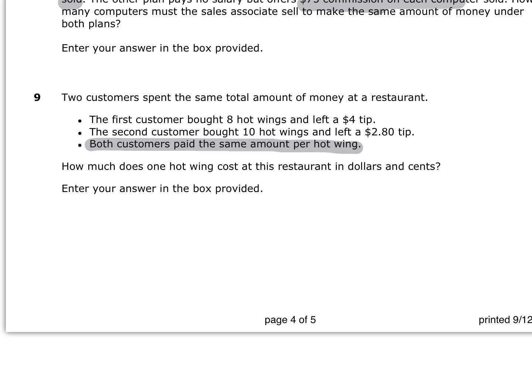So that means we could do 8x plus 4 equals 10x plus 2.80. And so the x is the amount per hot wing.